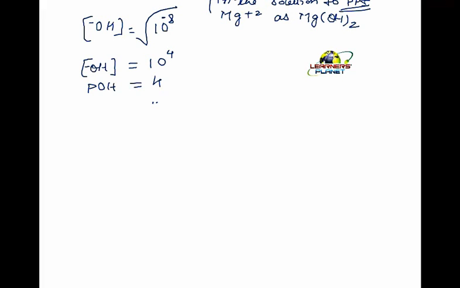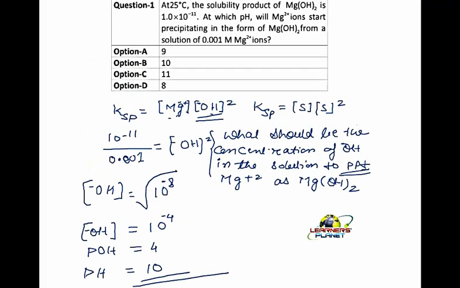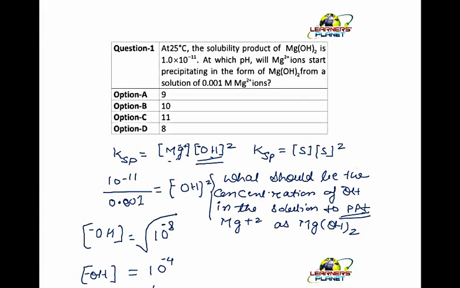This is minus, this is again minus, that is why it is coming out to be 4. What is pH and pOH? pH and pOH is the minus or negative log of H ion concentration, right? So this is 4. So what will be the pH, students? pH plus pOH is equal to 14. So what will be the pH? pH should be 10. Right?